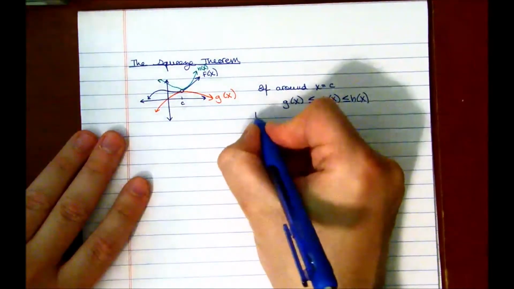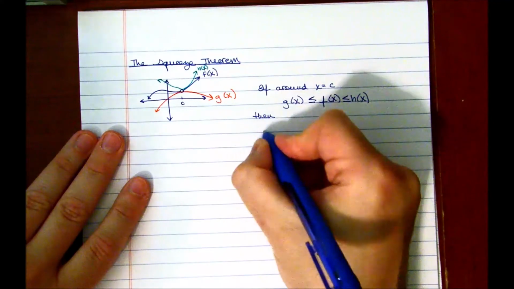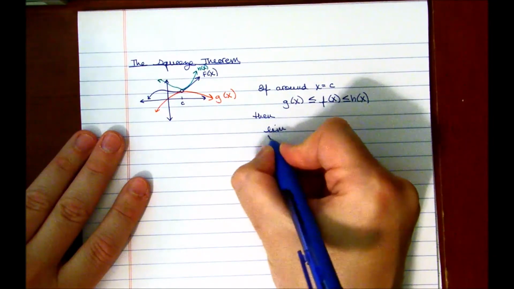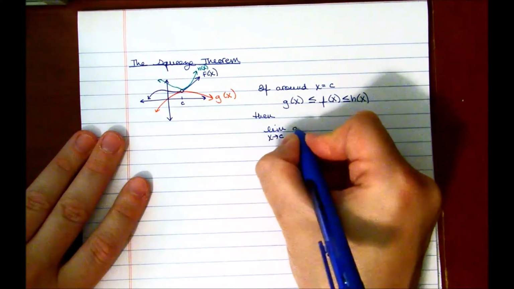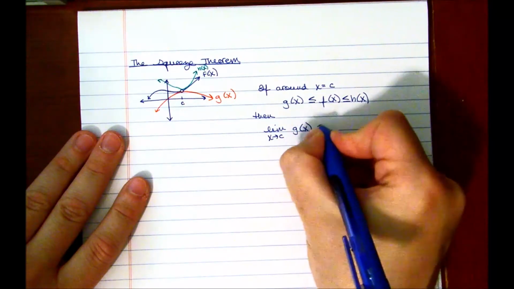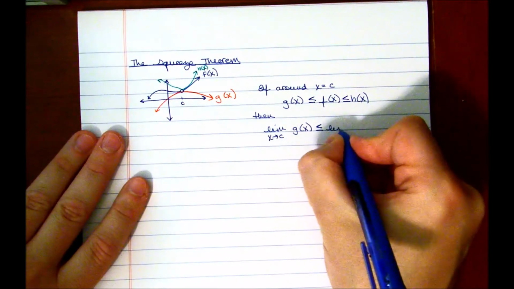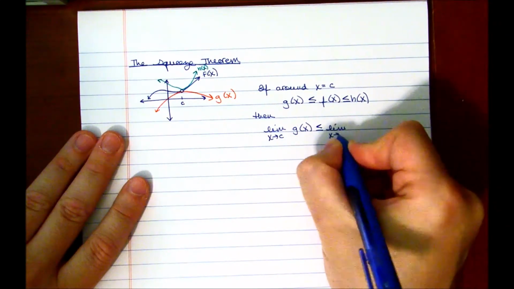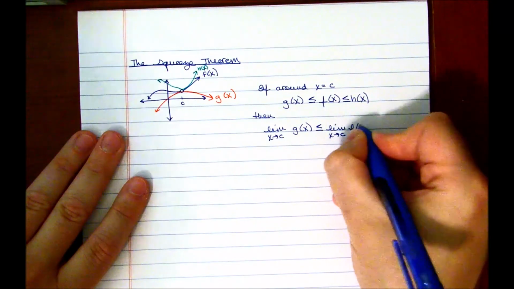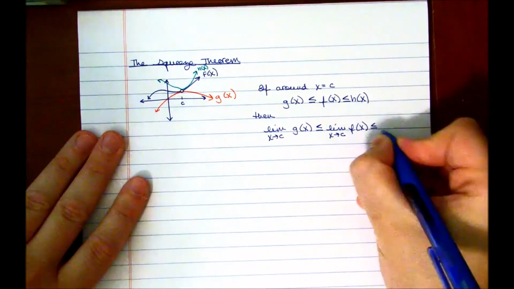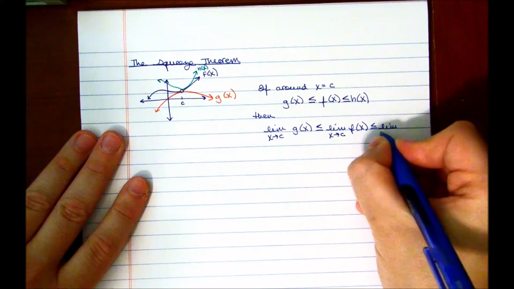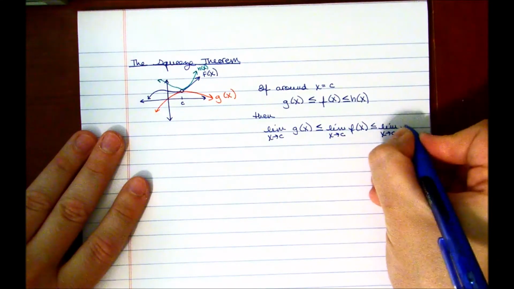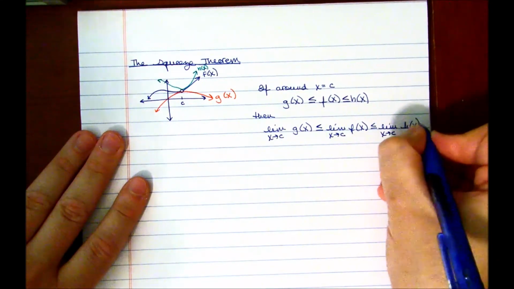If that's the case, then the limit as x approaches c of g of x also has to be less than or equal to the limit as x approaches c of f of x, which is also going to be less than or equal to the limit as x approaches c of h of x.